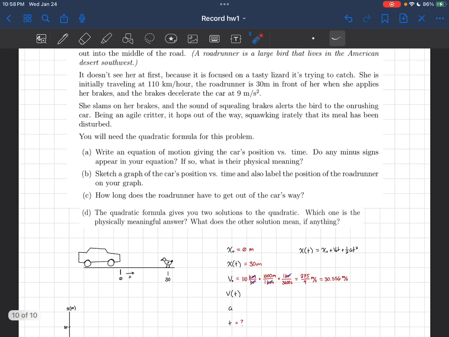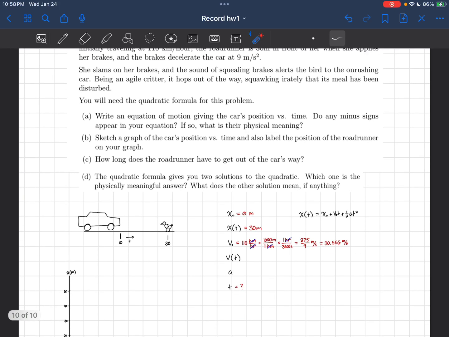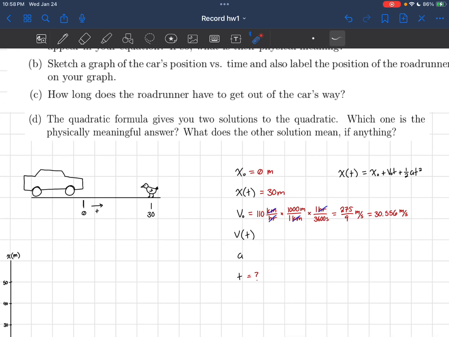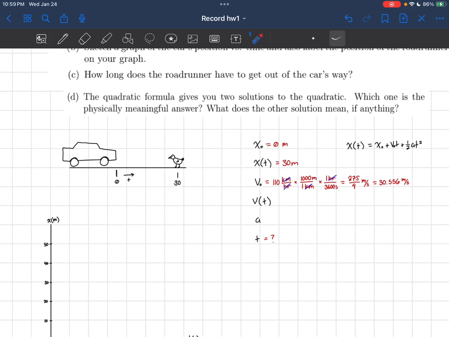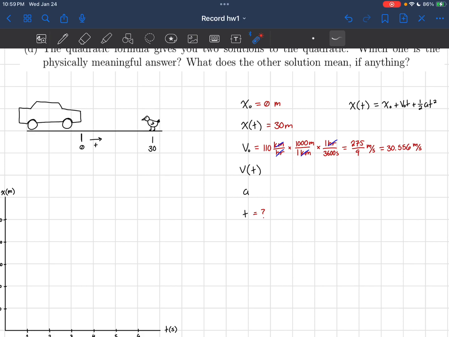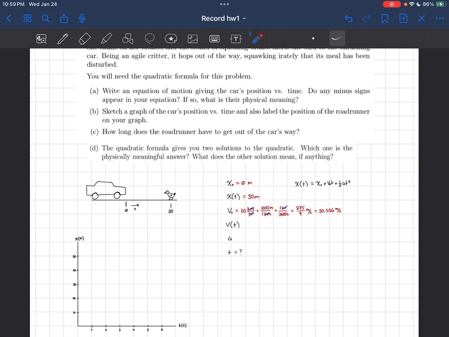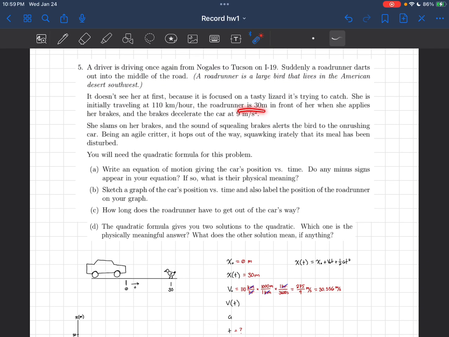So now that we have our units all squared away, we can move on. Do we know our final velocity? Do we know the velocity of the car when we're on top of the roadrunner, or on top of where the roadrunner once was, because it hops out of the way? No birds were harmed in the making of this physics problem. Do we know that velocity? Well, we know that we're slowing down.